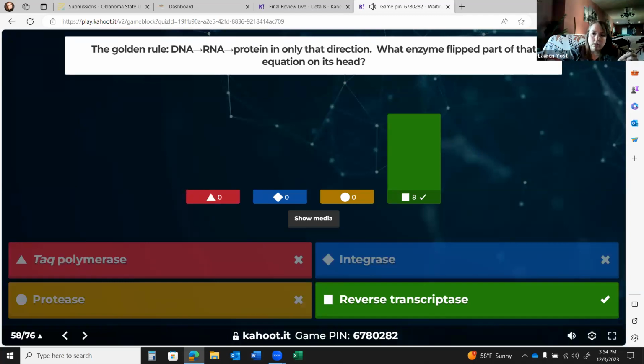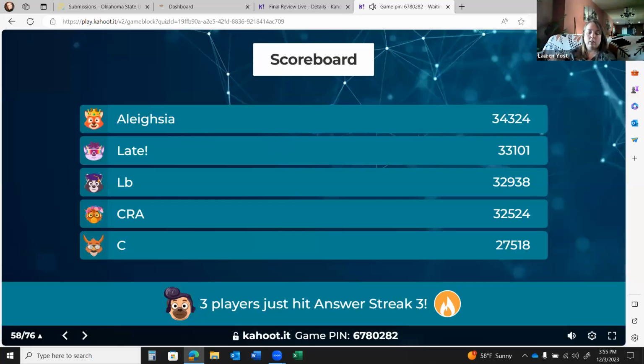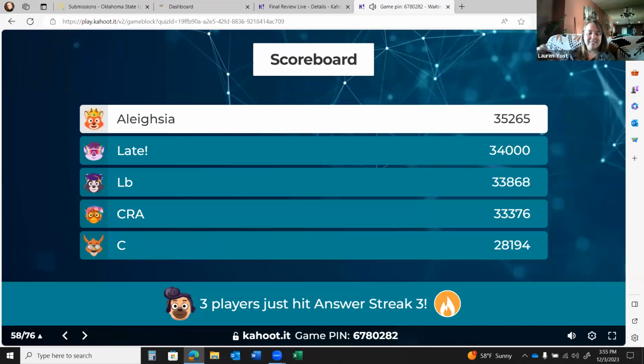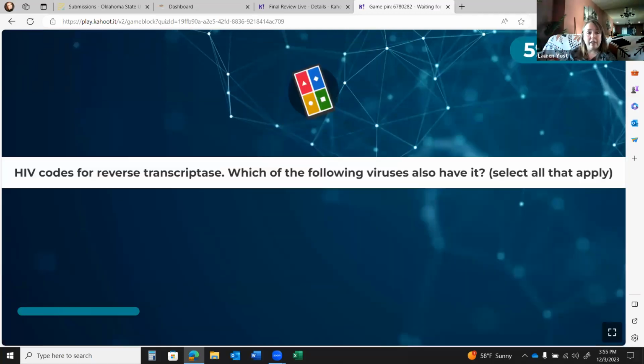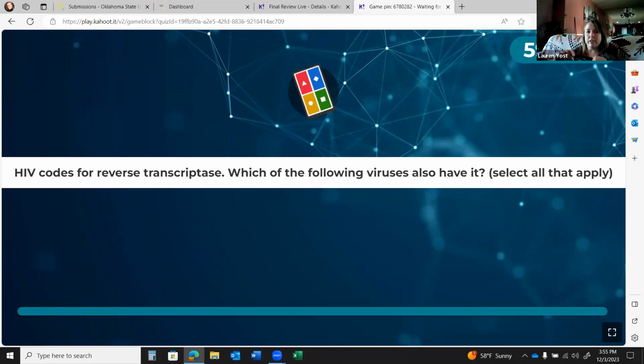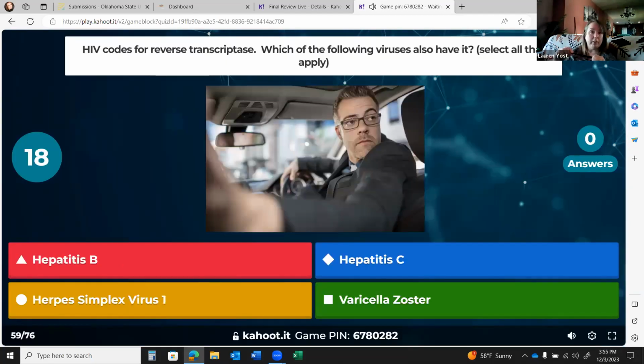You guys are doing great. Look at you learning things. All right, HIV codes for reverse transcriptase. Which of the following viruses also have reverse transcriptase? See if you guys can remember. I definitely talked about it.